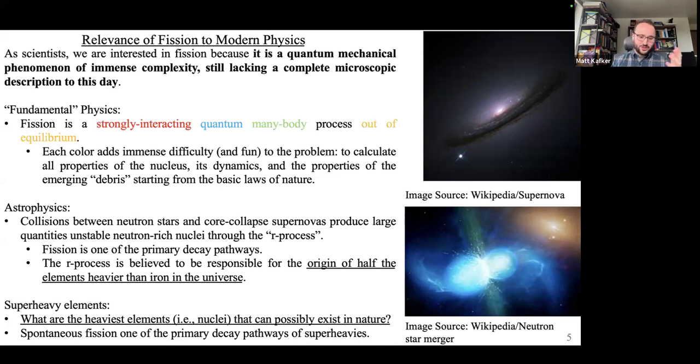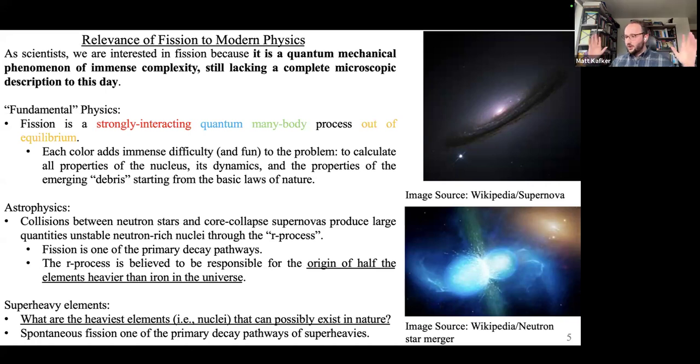They perform nuclear reactions to try to synthesize these super heavy nuclei, which can roughly be thought of as trying to extend the periodic table of elements. I believe the last element, oganesson, was added to the periodic table in 2003, although I'm pulling that from memory. So if I'm slightly wrong, my apologies. And again, in this case, fission, particularly spontaneous fission, is one of the primary decay pathways for the super heavy elements.